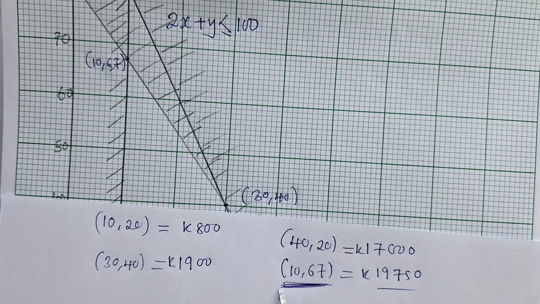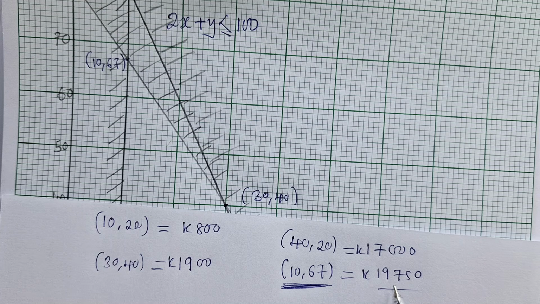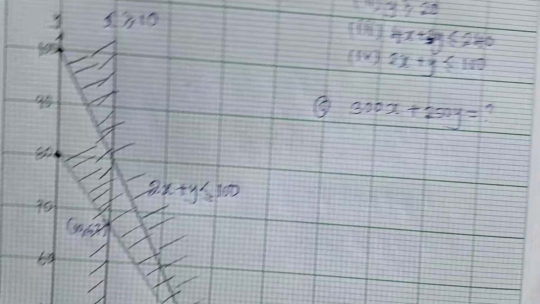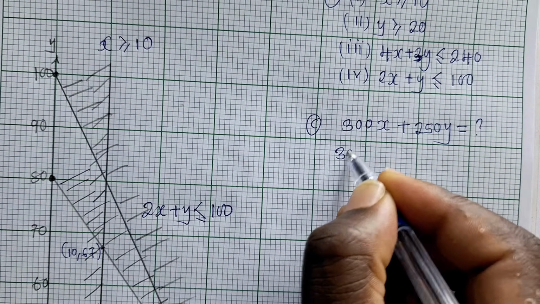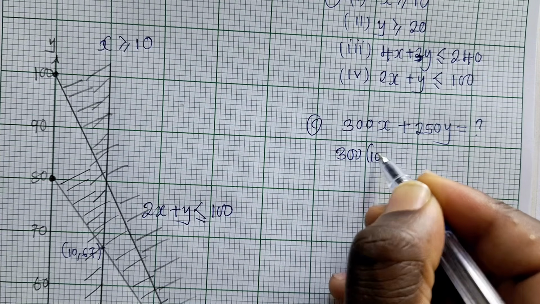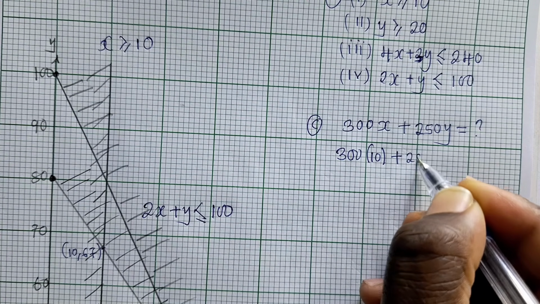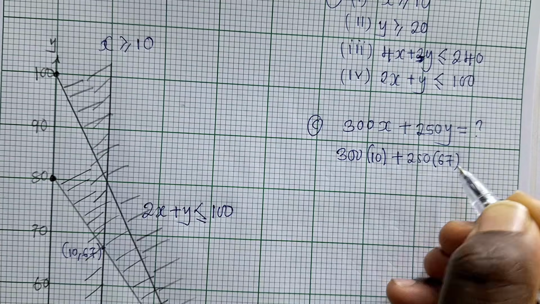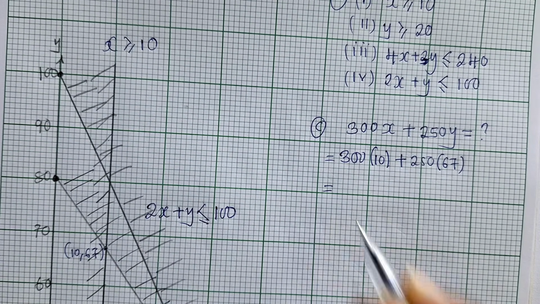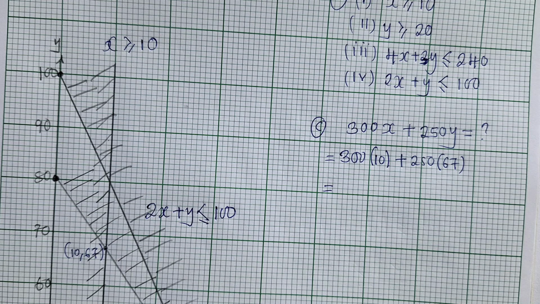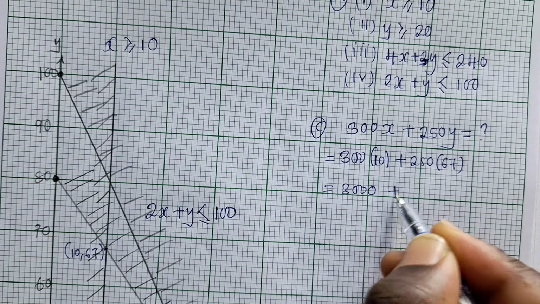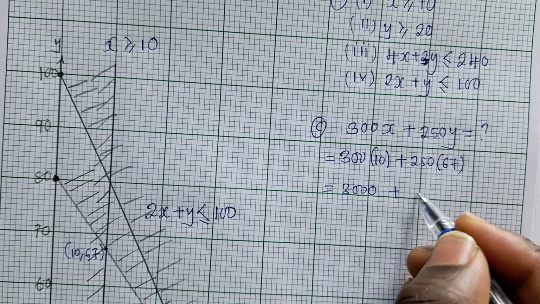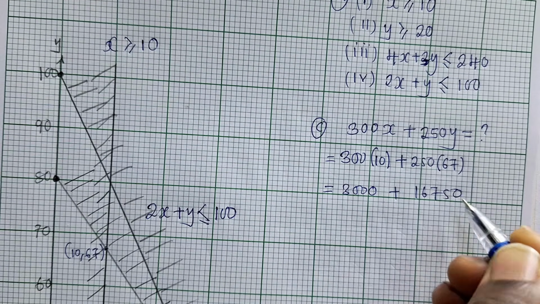In the question they said, which combination will give us the maximum profit? It's this combination, because this is the maximum amount that we've gotten. It's the biggest amount. So now we'll stick to this combination so we can show our work. We shall say 300, open bracket, 10, plus 250, 67. From here we simplify, and when we multiply we get 3,000, plus 16,750.